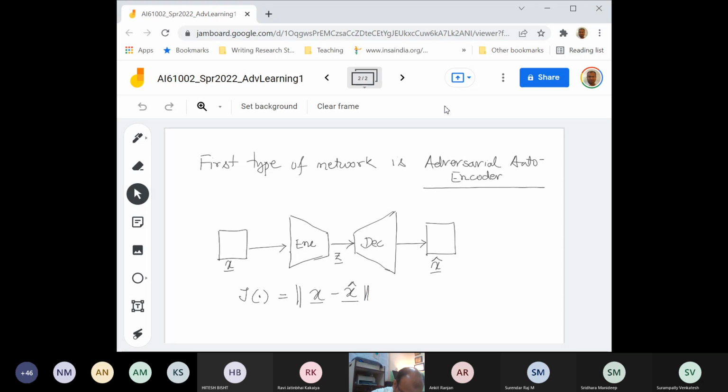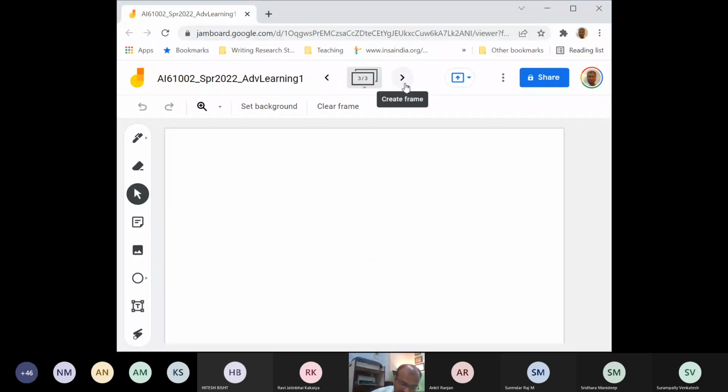So the objective is to minimize this J. Now, typically, the size of Z is less than the size of X. This is what is typically seen over here. So now comes the next part. These autoencoders, if you look over here, then what would happen is something like this.